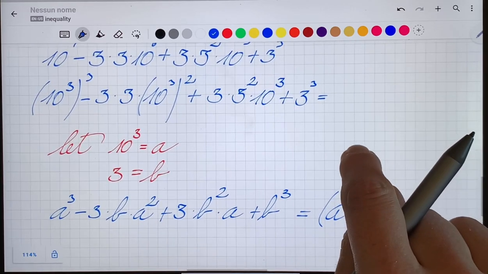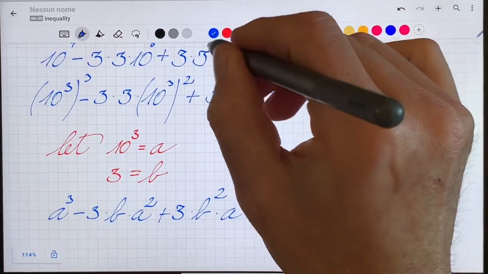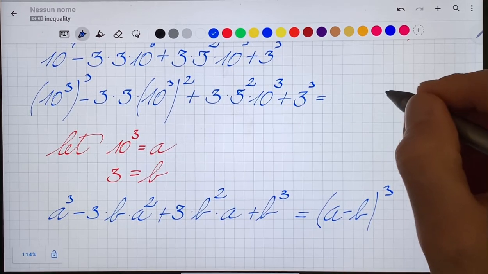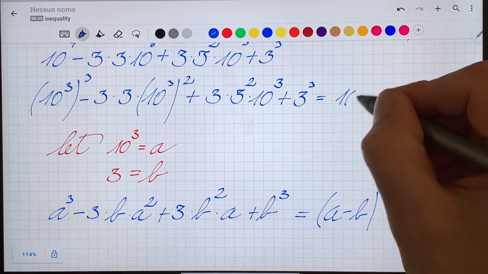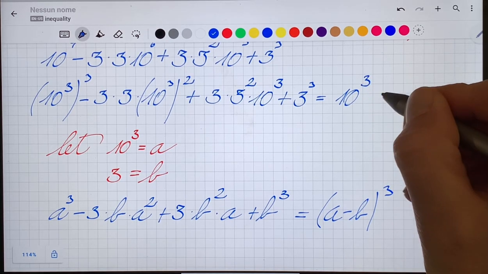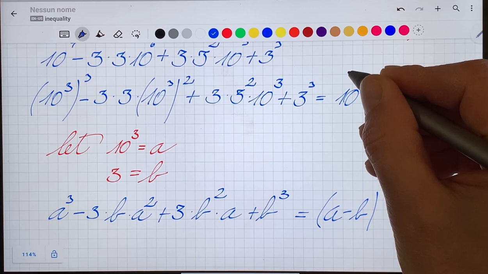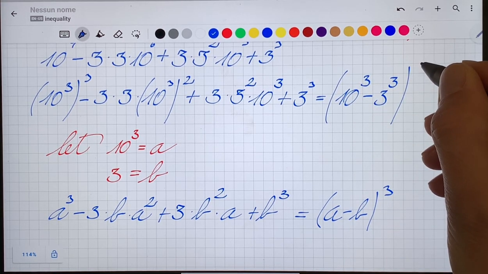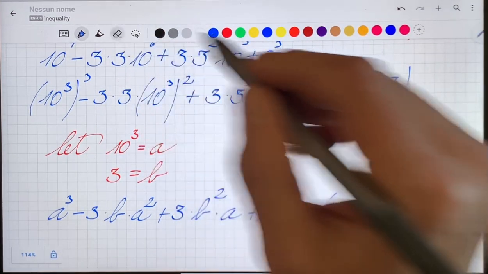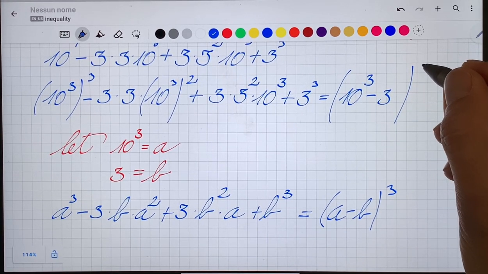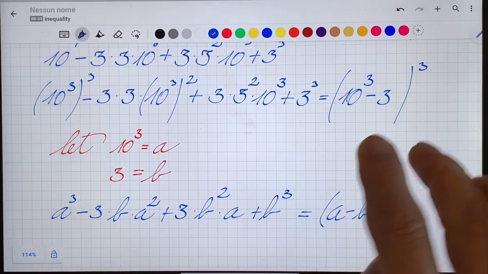So I can write this as A is 10 to the power 3, so 10 to the power of 3 minus 3, and that's all to the power of 3.